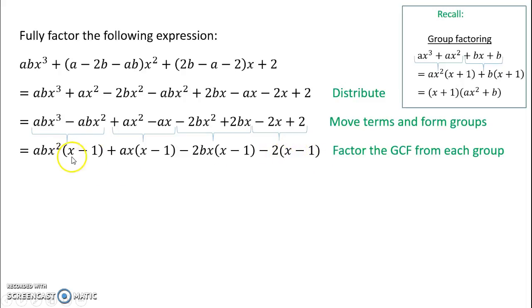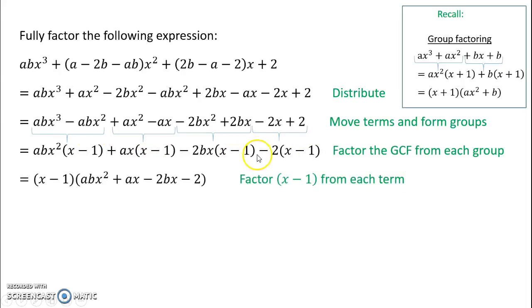So we see that we have a common bracket here, x minus 1. Now we factor out the common bracket from each term, and we're left with abx squared plus ax minus 2bx minus 2 in the second bracket.